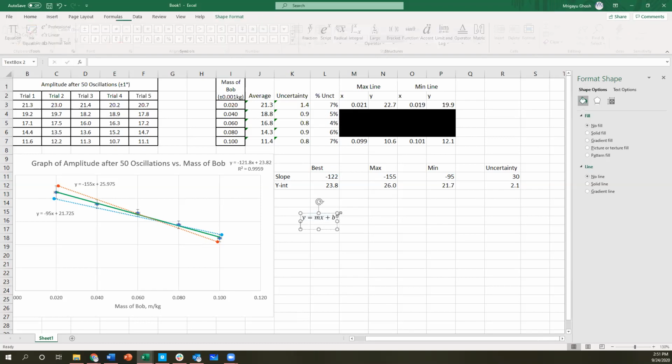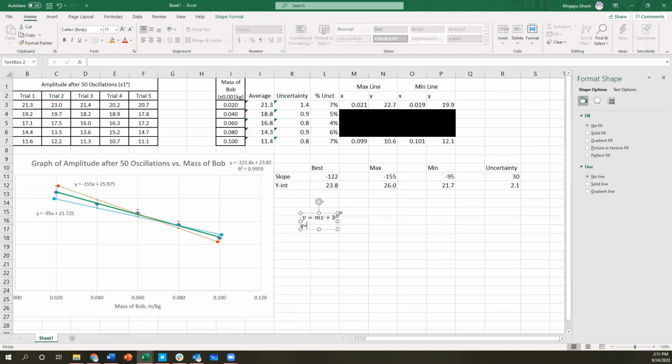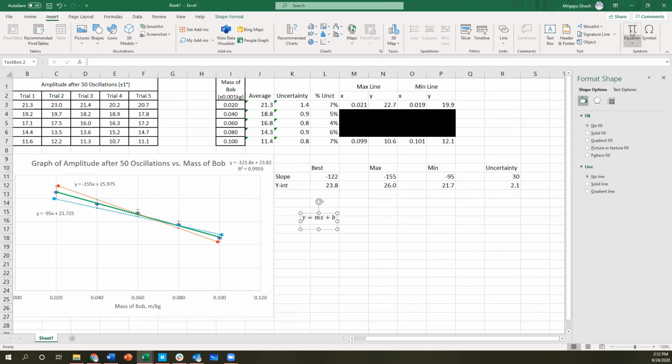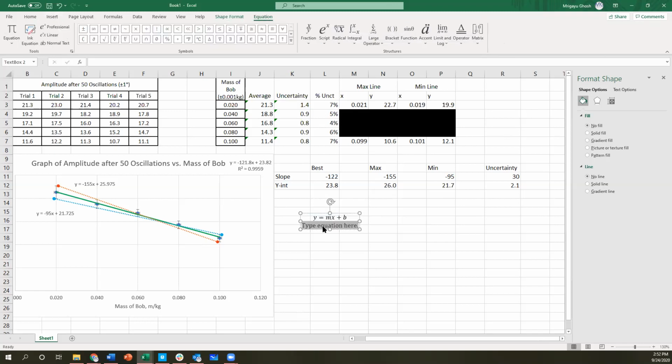So what is m in this case, for the line of best fit? -122. So y equals -122x plus 23.8. Okay, so that's your mx plus b.